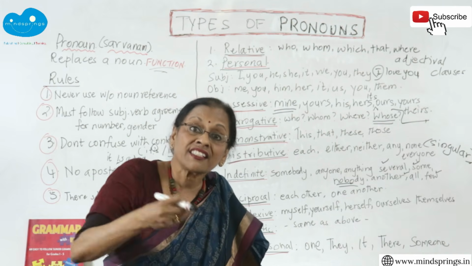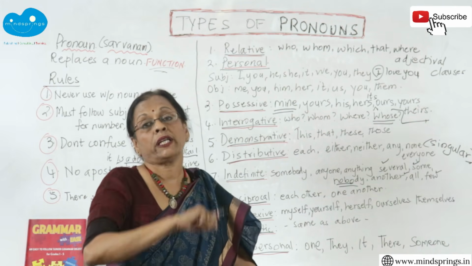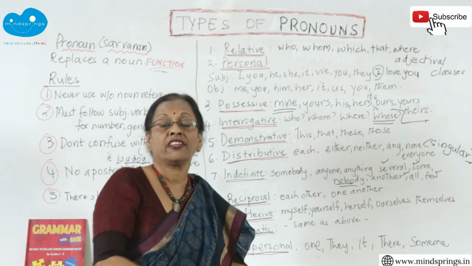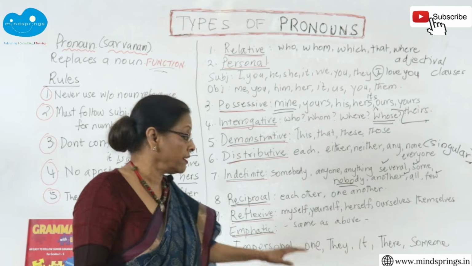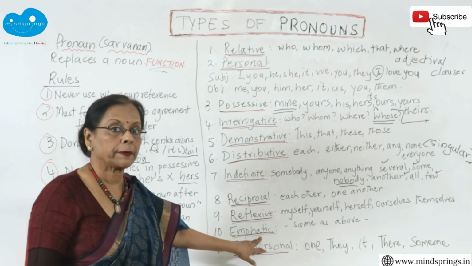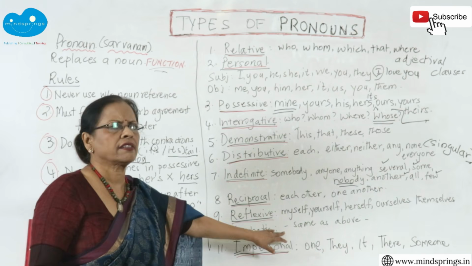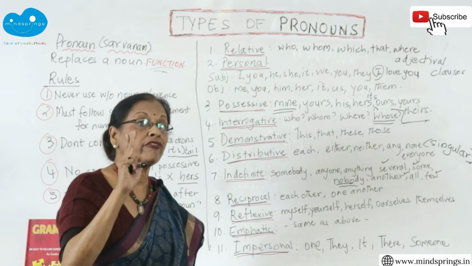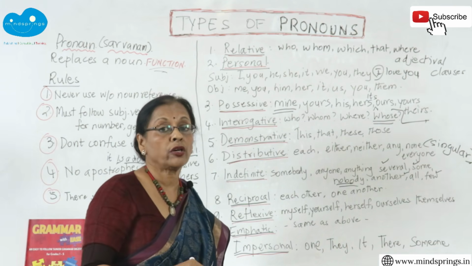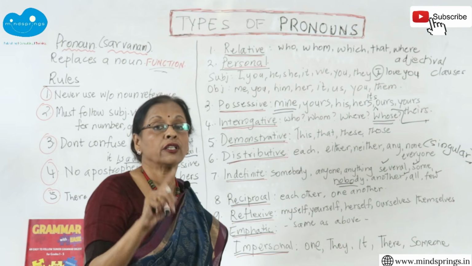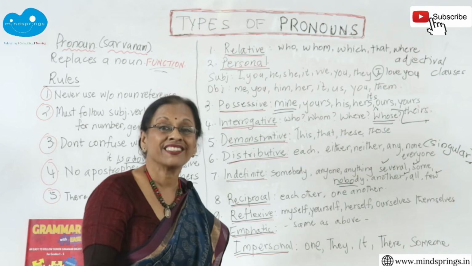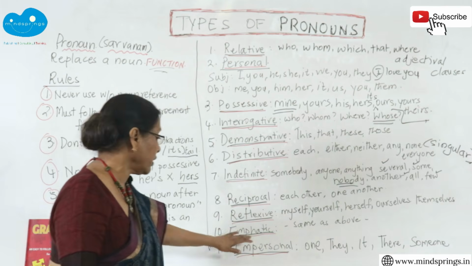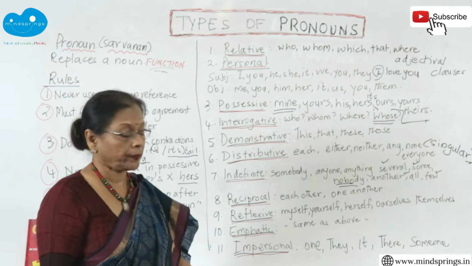The queen herself came to my party. Nobody brought her. She herself decided and came to my party. That's the emphasis, emphatic. So the same words, but you are using them in two different ways. Both are pronouns because you are not saying the queen, you are saying the queen herself. And therefore emphatic and therefore pronoun.